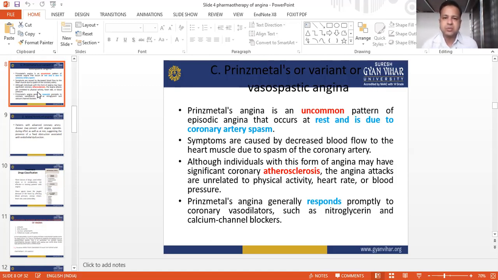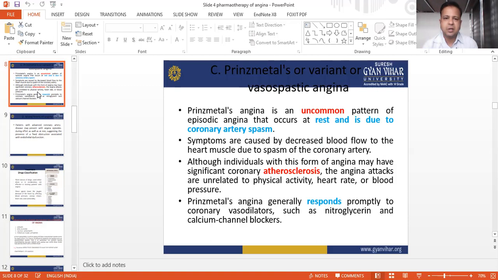Symptoms are caused by decreased blood flow to the heart muscle due to spasm of the coronary artery, although individuals with this form of angina may have significant coronary atherosclerosis.